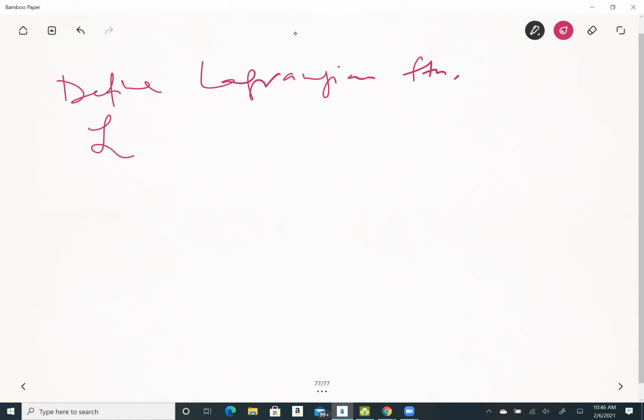We denote it by L, and that L is a function of X, Y, and lambda. That lambda is the multiplier, which I will touch on a little afterwards.